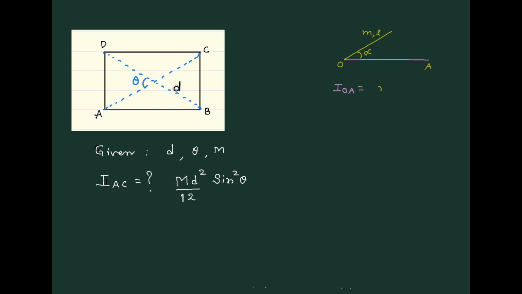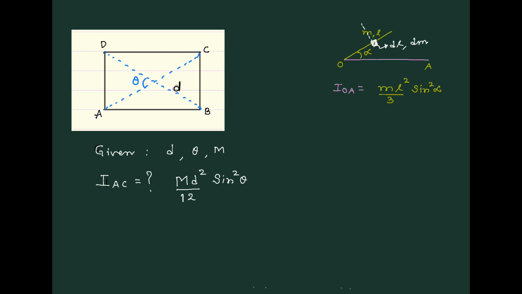The result is that it will equal ML square by 3 into sine square alpha. How does it come? Let us see. We can imagine a small element here of length dx, and it has mass dm.